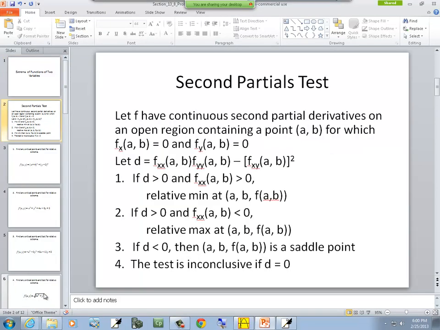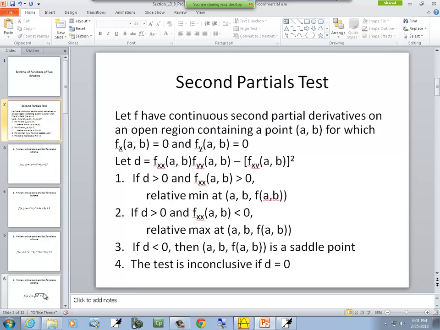Now the second partials test says: let f have continuous second partial derivatives on an open region containing a point (a, b), for which the partial with respect to x at (a, b) is equal to 0 and the partial with respect to y at (a, b) is equal to 0. So what that's saying is find your partials, set them equal to 0, and find out what a and b are.